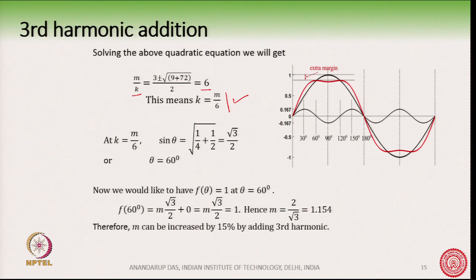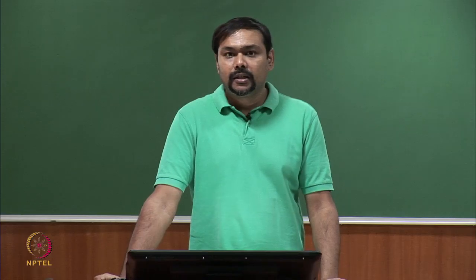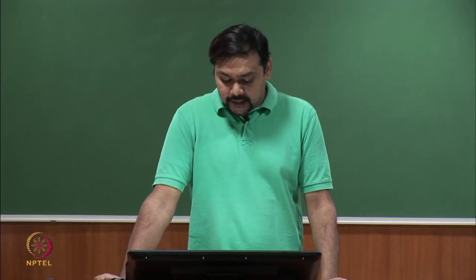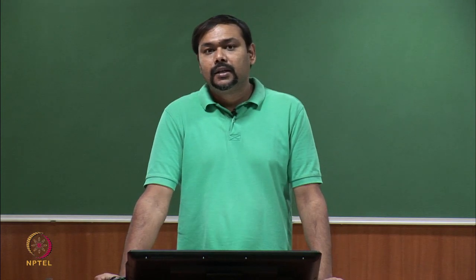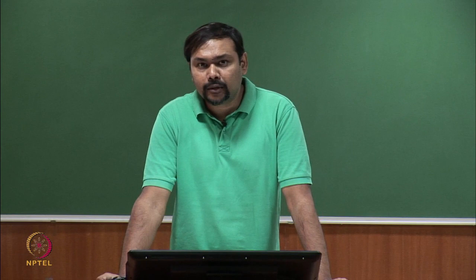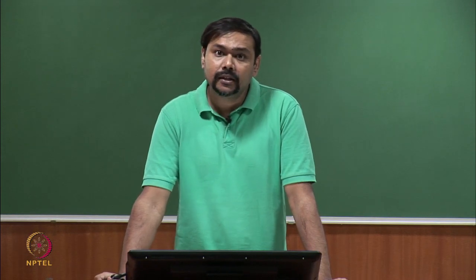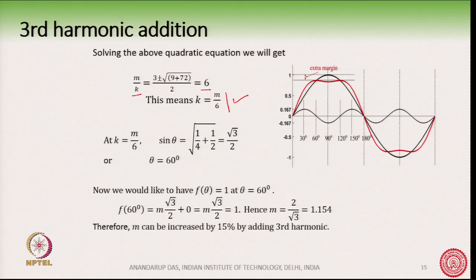So, it means that the magnitude of the third harmonic that we add is 1/6 of the magnitude of the fundamental. Okay, that will be taken, and so at k equal to m by 6, the value of theta comes out to be 60 degree.